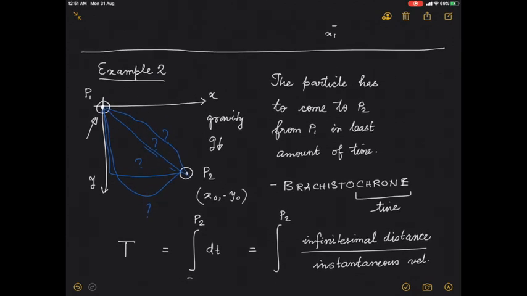I am free to choose the zero of the potential energy in classical mechanics. I don't have that free choice in quantum mechanics, as you know there are zero point energies. But in classical mechanics, I can always choose zero of the potential energy. So I choose it such that at P1, that C is equal to 0.